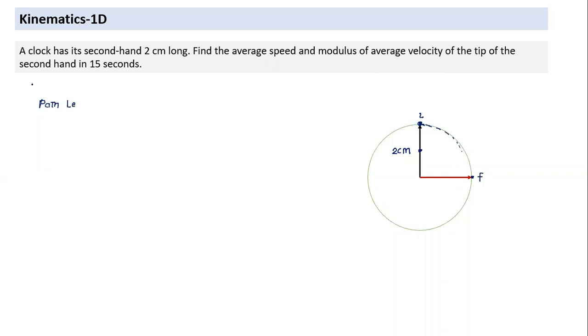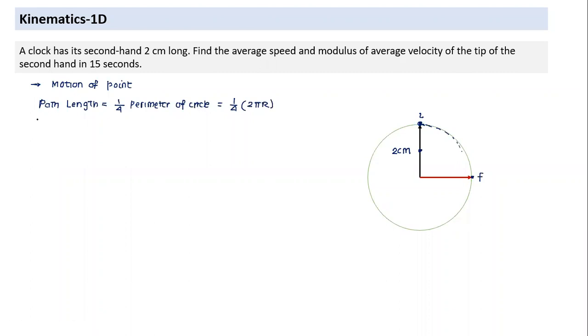The first thing I understood is that it is the motion of a point, the tip of the second hand. So what is the path length here? Path length will be equal to 1/4 of the perimeter of a circle. It is a circular path, an arc of a circle. So the path length, the actual length of the actual path taken, will be 1/4 of the perimeter, which is 2 pi r.